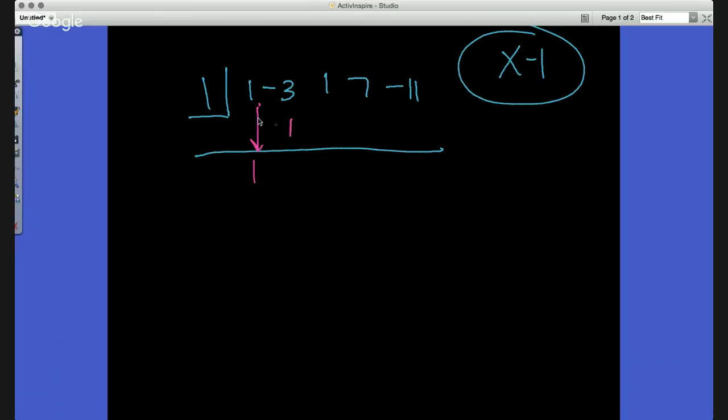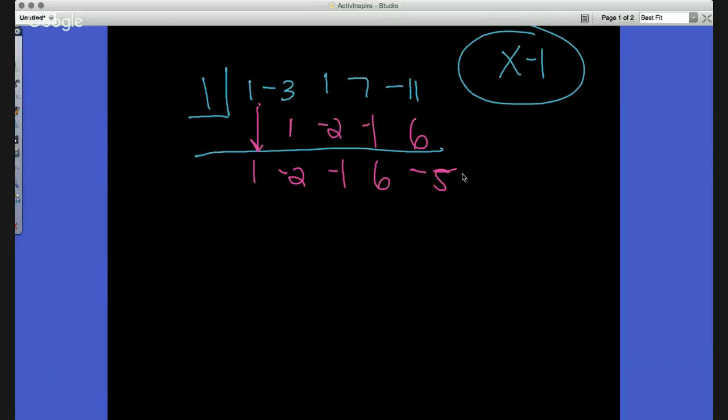Multiply it out. So 1 times 1 gives me 1. 1 plus -3 gets me -2. Multiply, add, multiply, add, and the last time would be 6, right? And if I added one more time, I get -5.